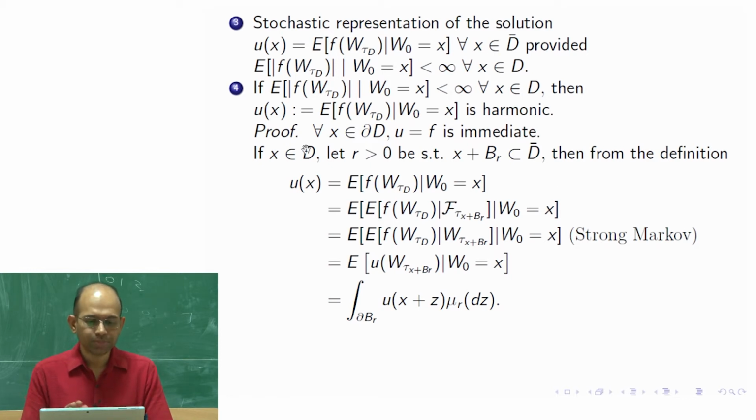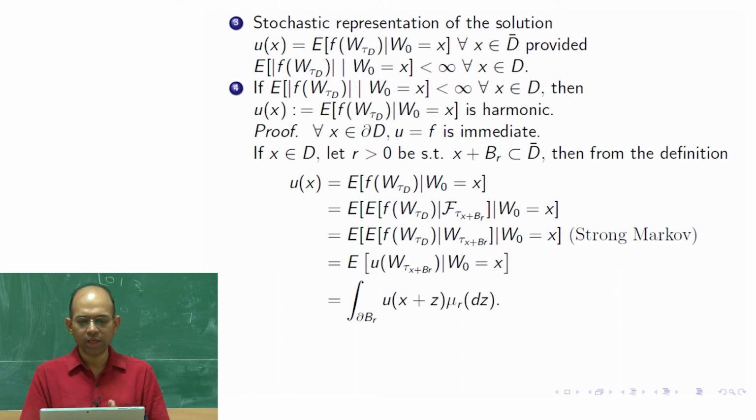Okay, so here for all x in the domain D, let r be positive, such that, since x is an interior point, the ball around x of radius r is inside the closure of the domain D. Then from the definition, we just write down u of x is equal to expectation of f of W tau D given W0 is equal to x, and then we are using the tower property of expectation.